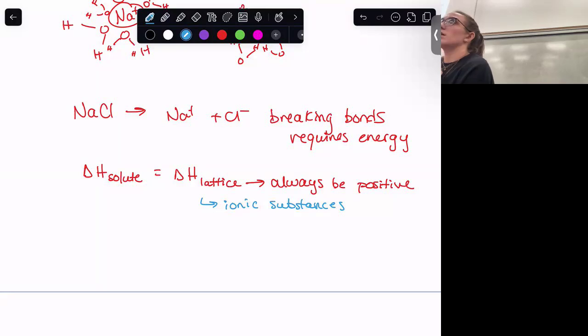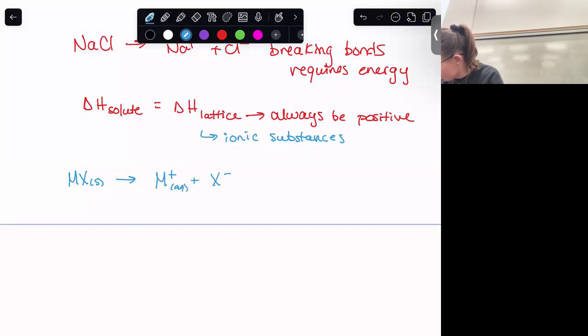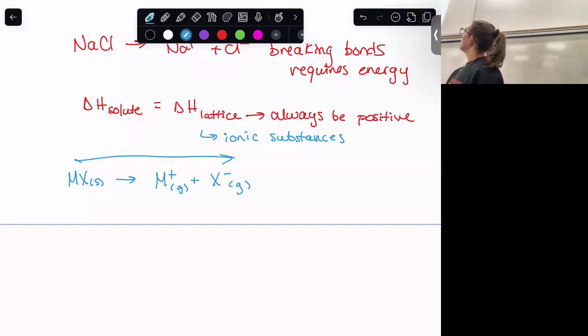I'm sorry, what does that mean, the change in sign? So if we're looking at a regular MX solid going to M+ and X-, this process in this direction, in order for a chemical reaction to happen, requires a delta H. We'll always have a delta H. This delta H, change in energy, is positive.